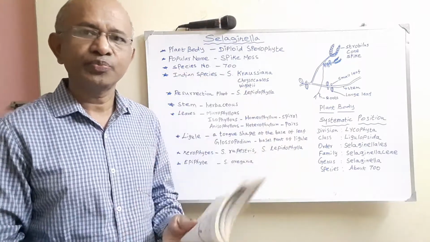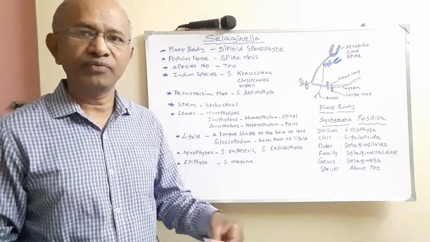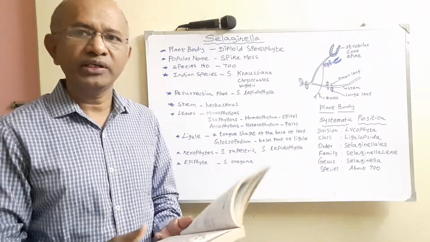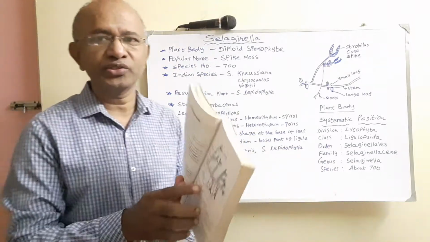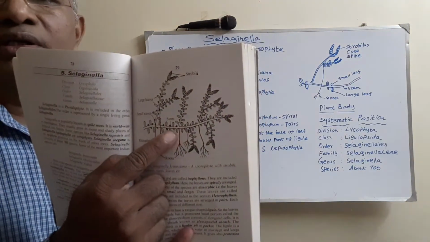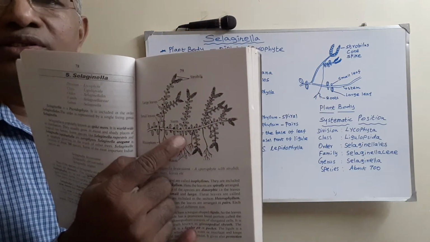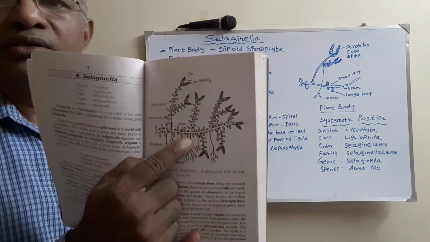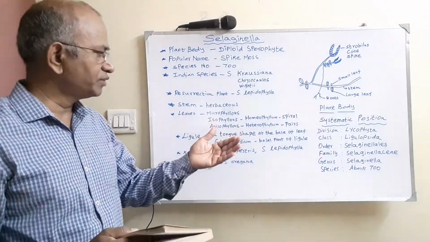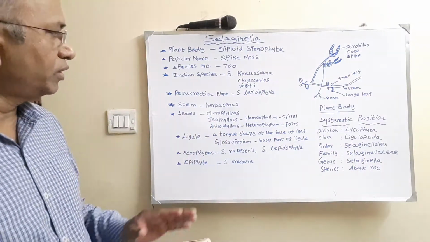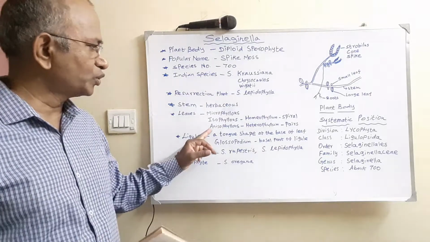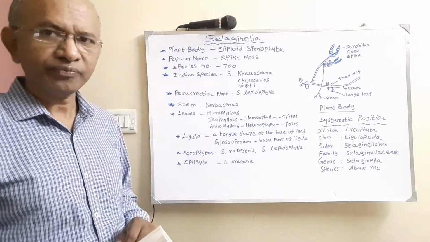But the other species, apart from those 50, have different types of leaves. In this picture you can see the presence of a smaller leaf as well as a larger leaf. These species, where you can see smaller leaves as well as larger leaves, are known as anisophyllous.